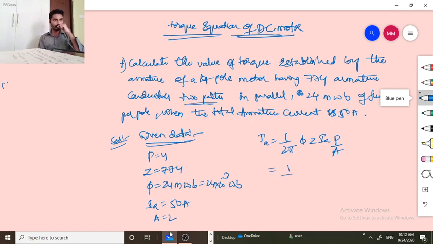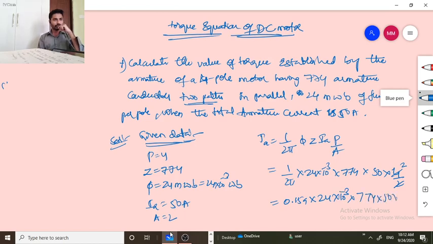Here I already mentioned 2 parallel paths. So now calculate 1 by 2 pi, flux value is given here 24 into 10 to the power minus 3, and Z value is given as 774, Ia value is 50, and P by A is 4 by 2. So calculate this. So what value are you getting? This is 0.159 into 24 into 10 to the power minus 3 into 774 into 50 into 2.